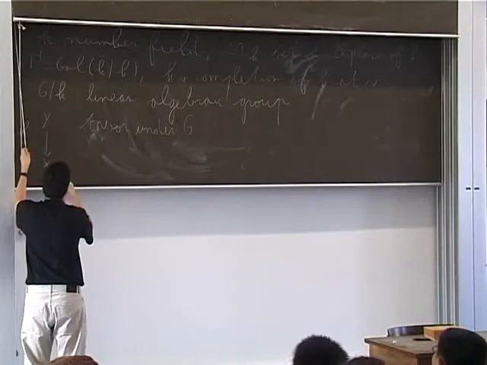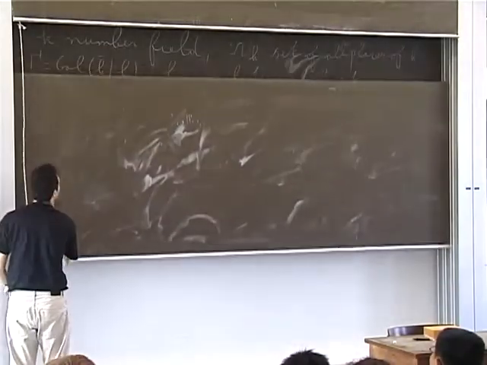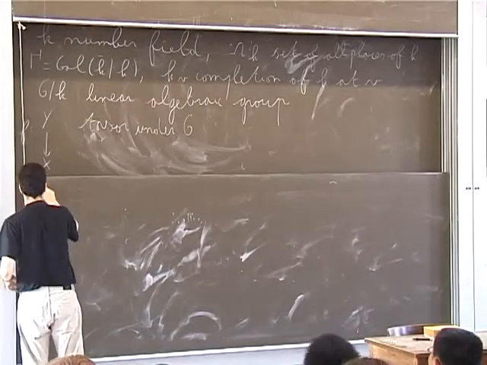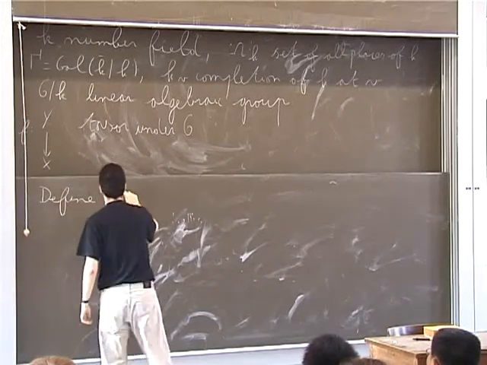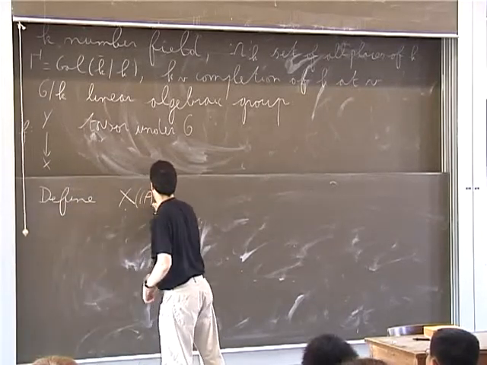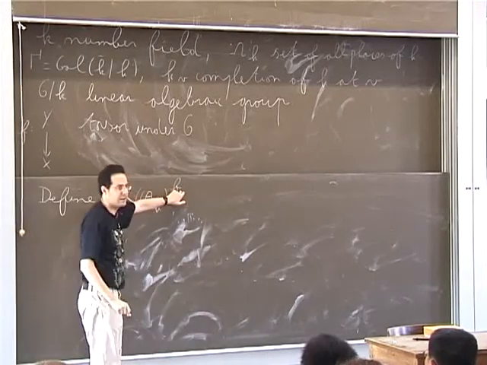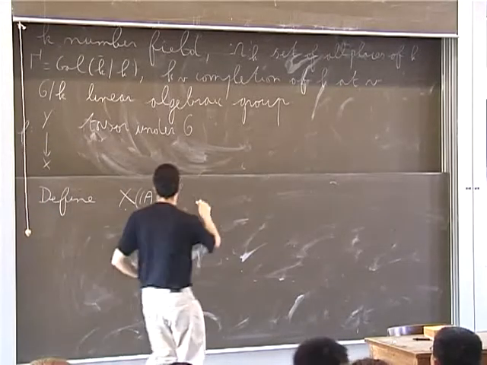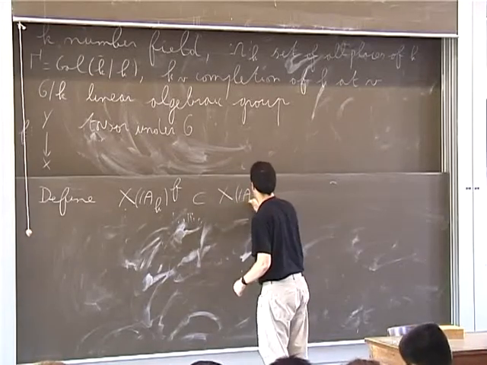And then I had defined yesterday a special set. So I define the set X of A_K to the power F. So the F here refers to the F here. It is a subset of the set X of A_K.